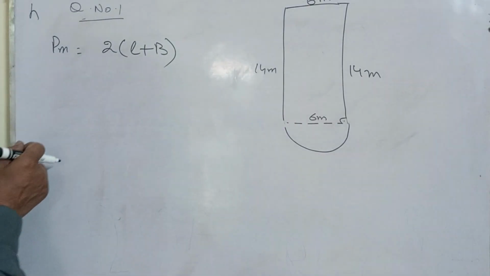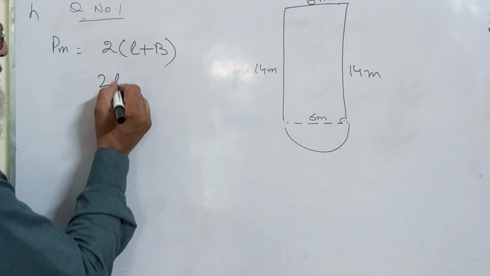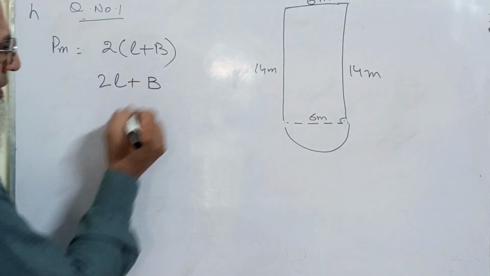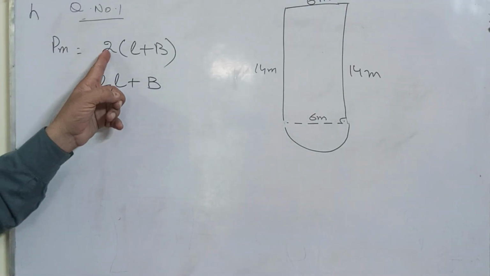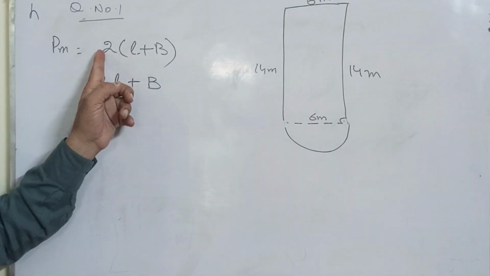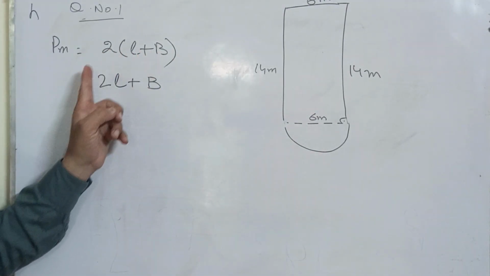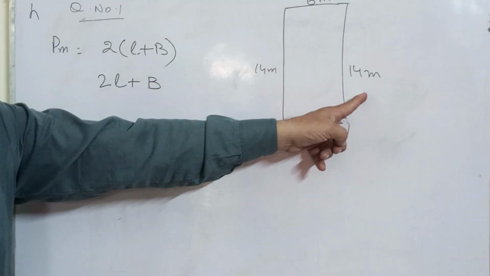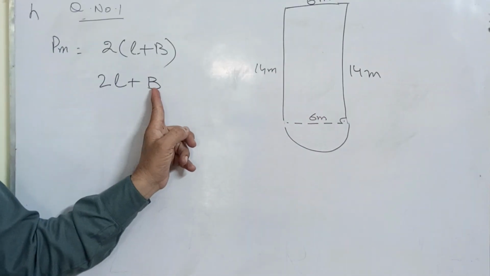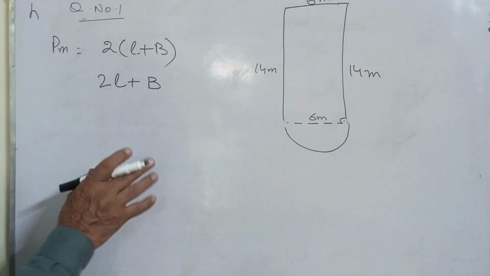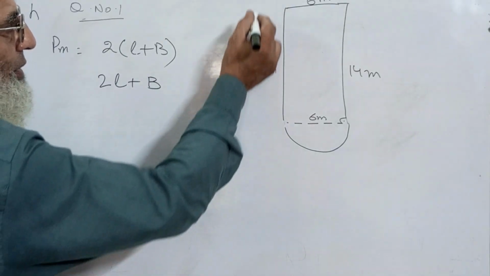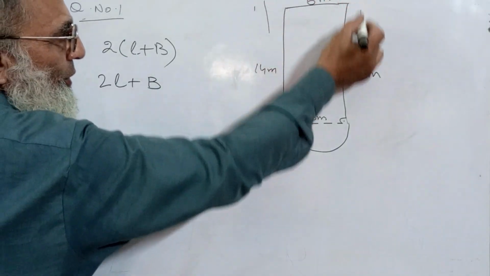So you can write it 2L plus B only. Instead of writing 2 times L plus B, we will write just 2L plus 1B only. This is the straight path from here to here to here.